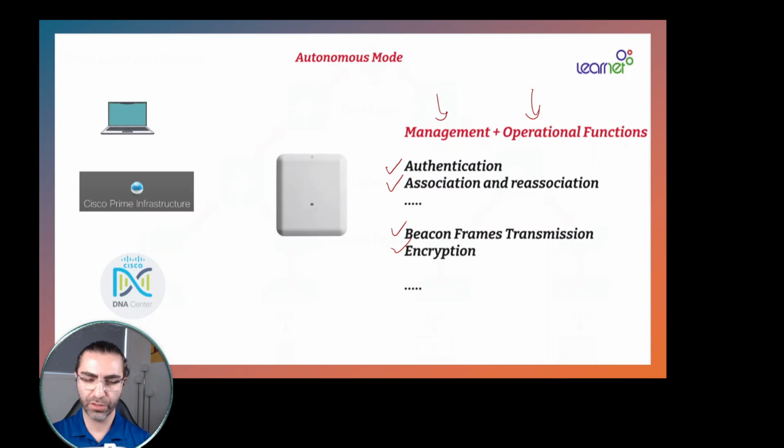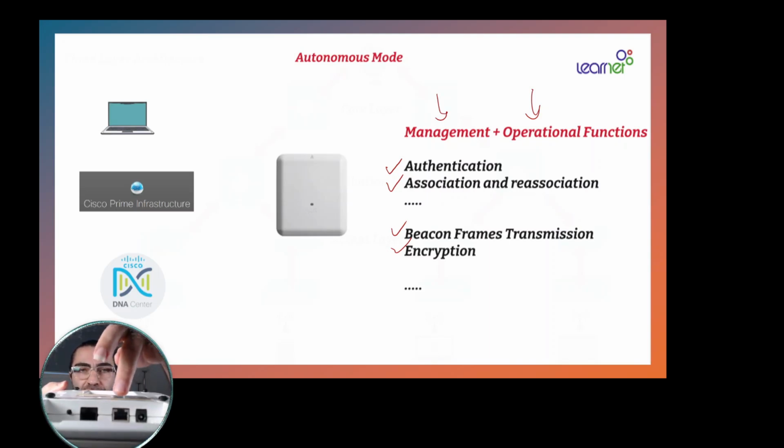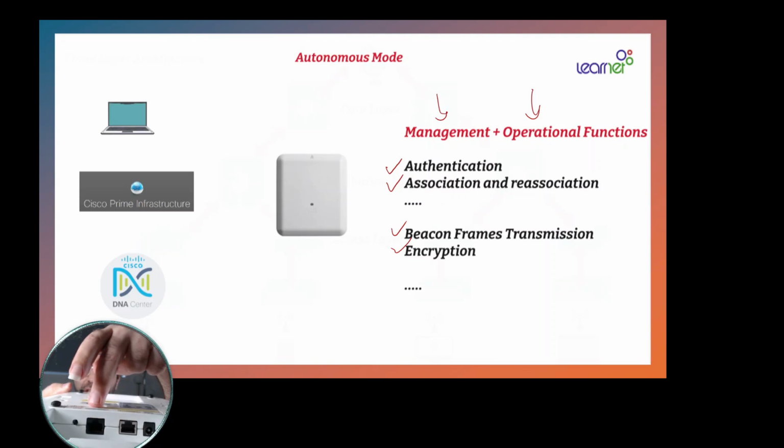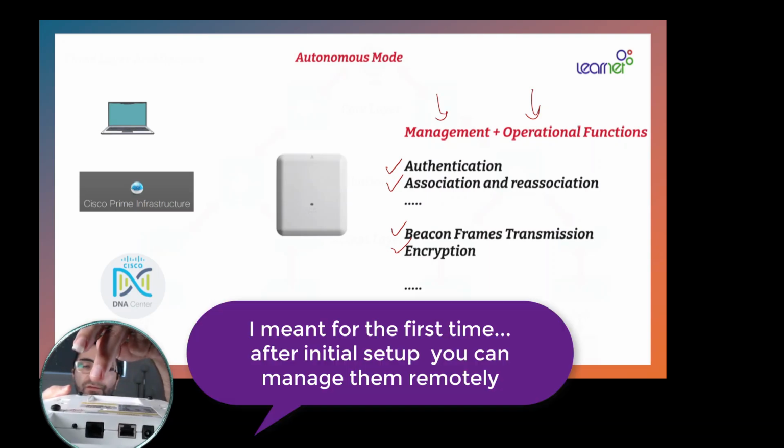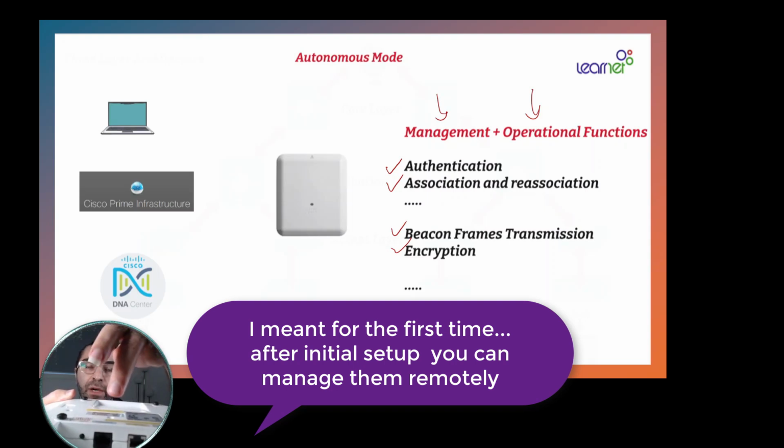The only thing you need to do is connect this access point through its Ethernet interface to your access layer switches, and then configure this access point, or first configure it through the console port and then connect it. It doesn't matter. Anyway, you have to configure it through the console port and connect it to the network.